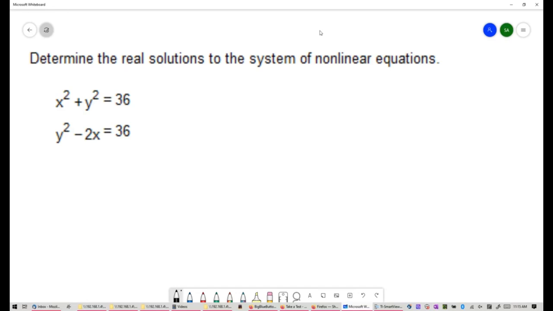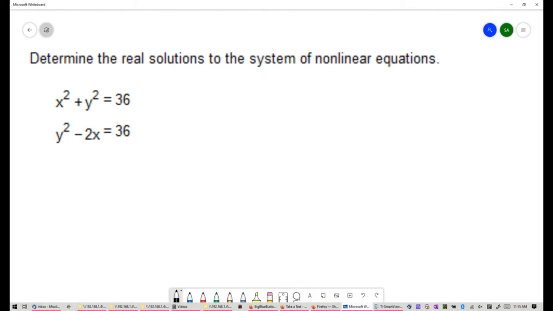Alright, so this question, we are going to find the real solutions to the system of nonlinear equations. We have x squared plus y squared equals 36, y squared minus 2x equals 36. And I do like to draw a picture just to get an idea of how many solutions I might have.